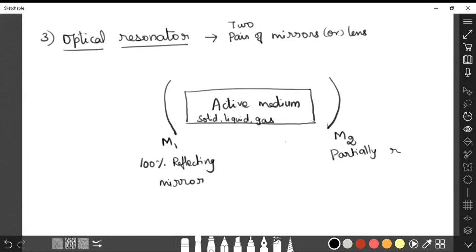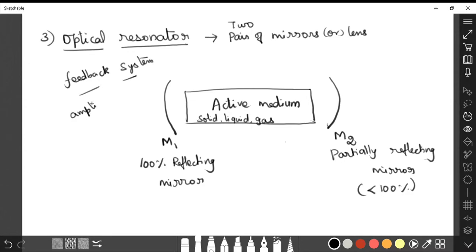Partially reflecting mirror means it will be less than 100%. Not 100%, less than 100%. So the mirrors will be like this. Why? Because the optical resonator acts as a feedback system in amplifying the laser.